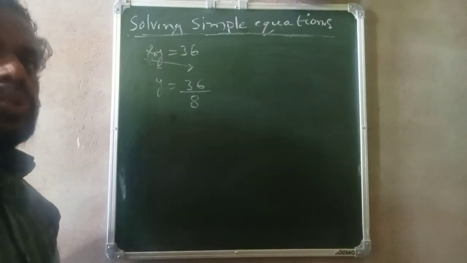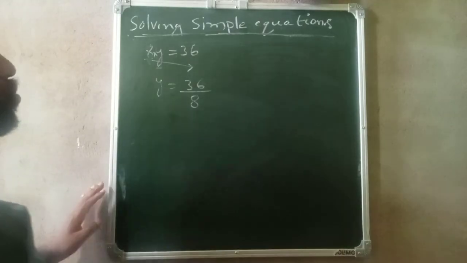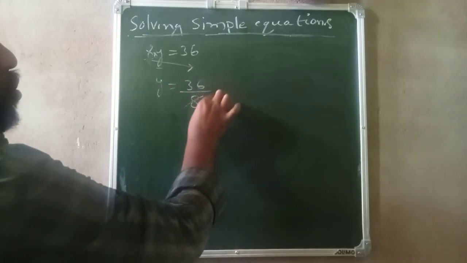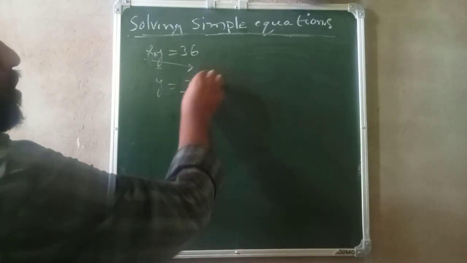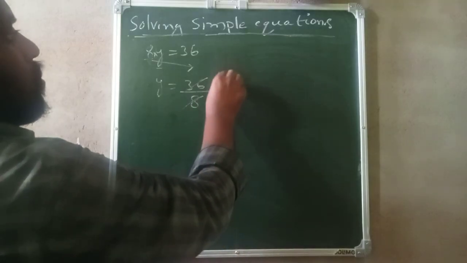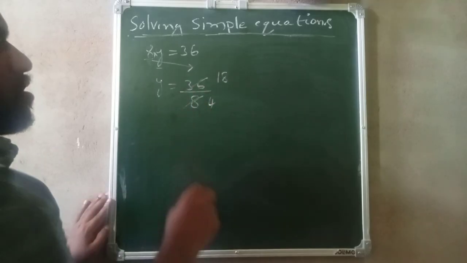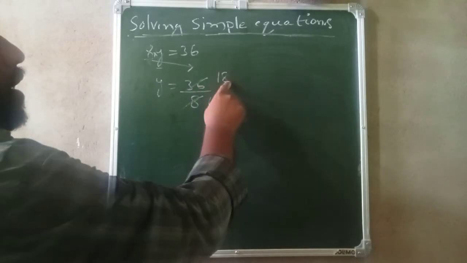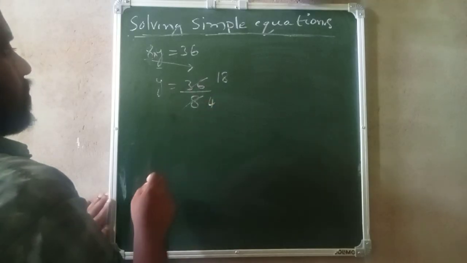So that is 2 I will take. 2 can divide 8 completely and 36. That is 2 4s are 8. 2 18s are 36.